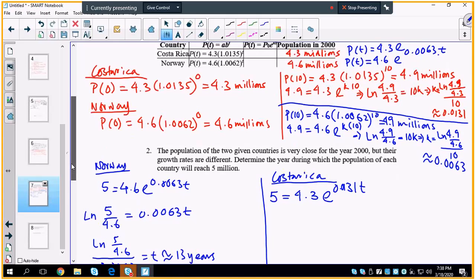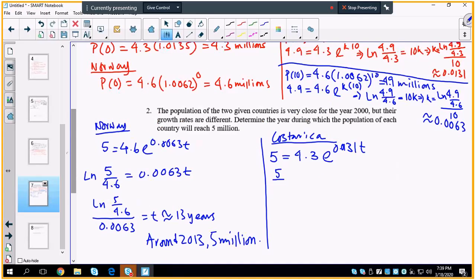I divide both sides by 4.3, so I get 5 over 4.3. Then I take natural log, should be equal to 0.0131t. Divide both sides by 0.0131, so you get natural log 5 over 4.3 all over 0.0131, which is approximately equal to t. So let's find this number in calculator, round to the nearest whole number, would answer my question.